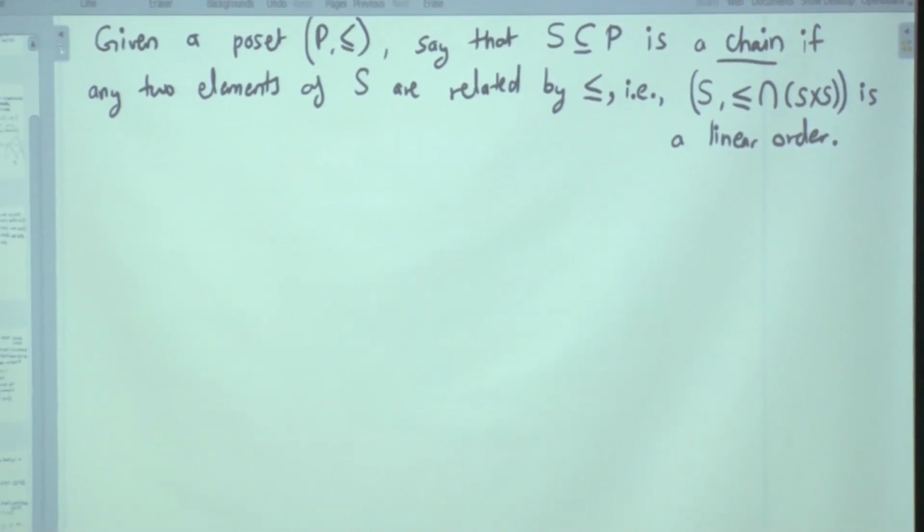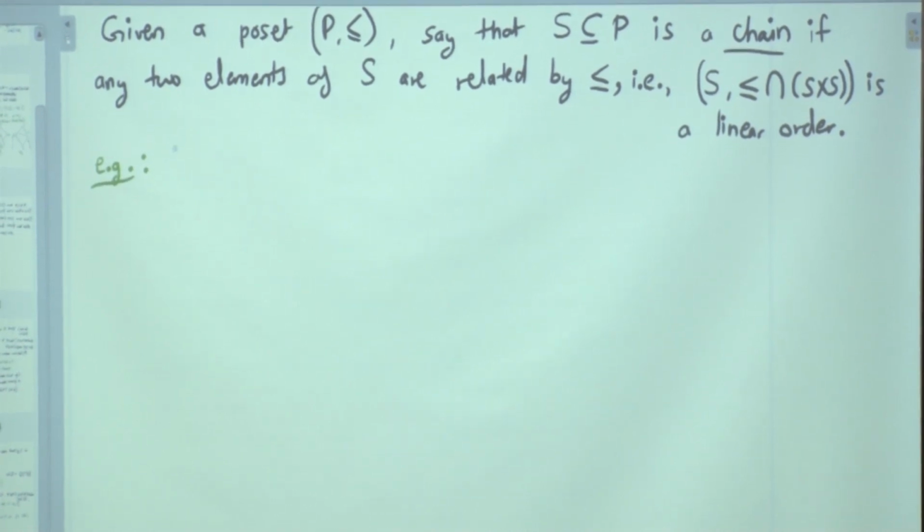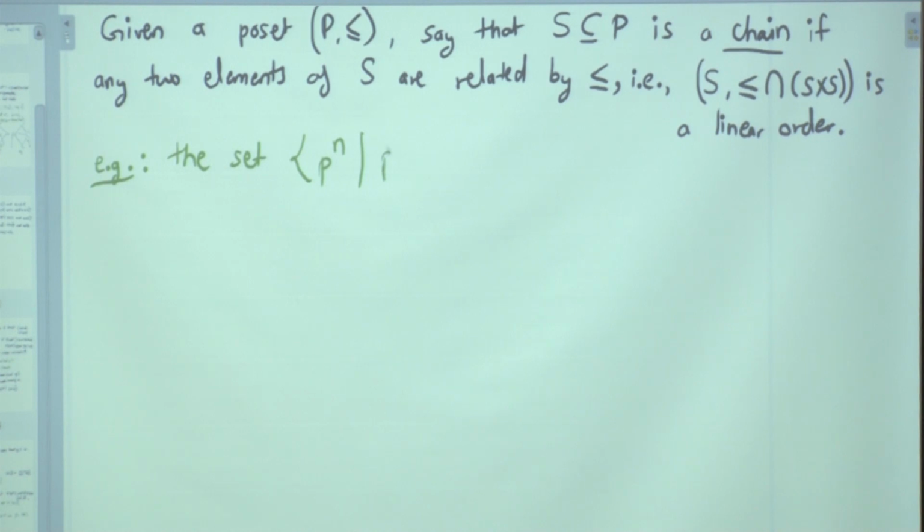So for example, the set {p^n : n in N+} is a chain in (N, divides) for any p.